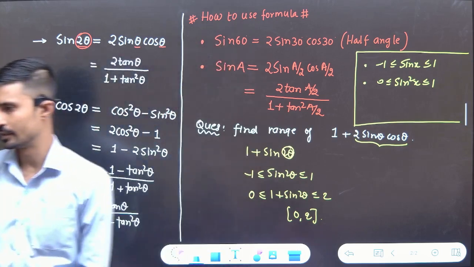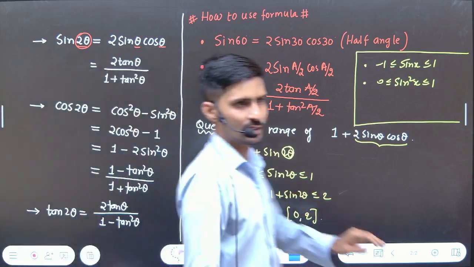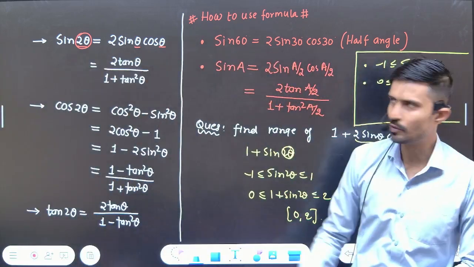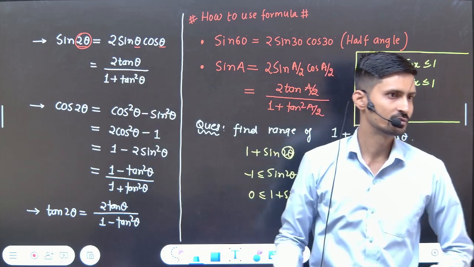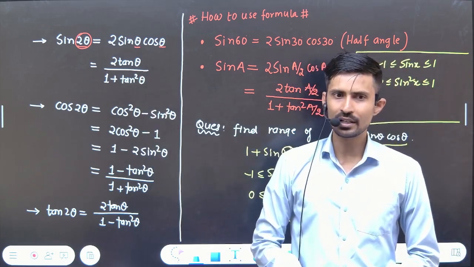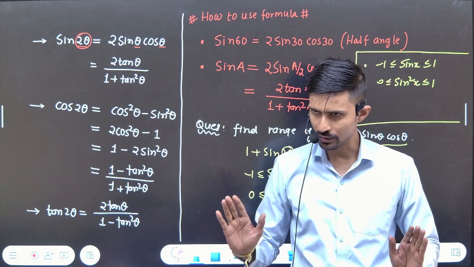Write down this part. Understood? So what you are learning here: whenever sine into cos is present in a question, you have to use that formula, sine 2 theta by 2. If we do not use the formula, we cannot solve the question.